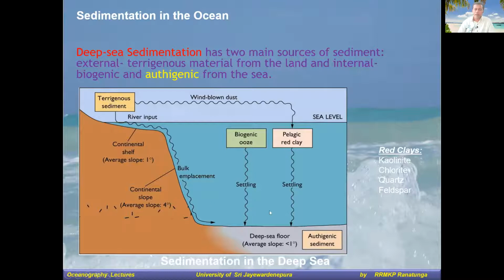Right? It can be sometimes hundreds of meters to several kilometers deep sediment deposited on top of that Biogenous sediments, and that is actually the source of the oil and gas.